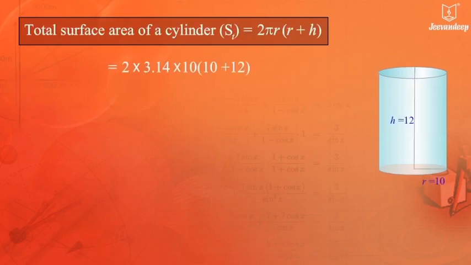Putting the values in the formula, we get 2 multiplied by 3.14 into 10 multiplied by (10 plus 12), equals 2 into 3.14 multiplied by 10 into 22, equals 1381.6.